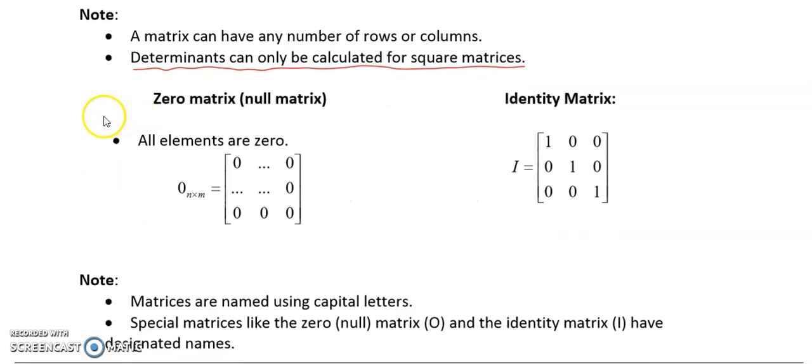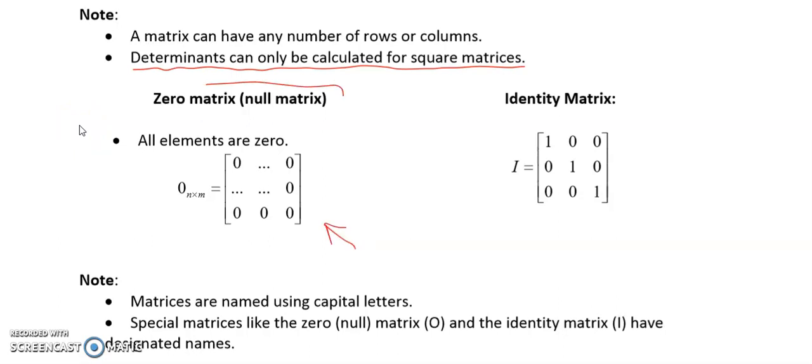A couple of interesting matrices, one more interesting than the other. This matrix right here that has all zeros in it is called the zero matrix, or sometimes it's called the null matrix. Another matrix, and this one is more useful, this is called the identity matrix, right there.